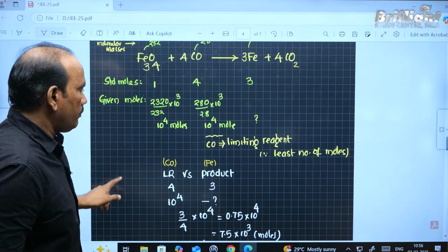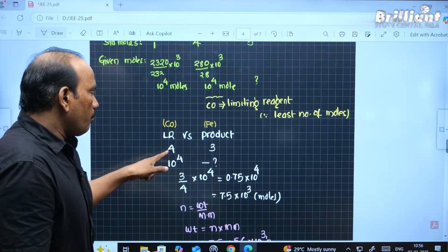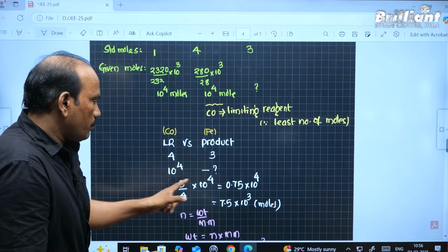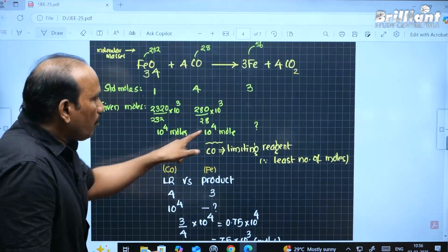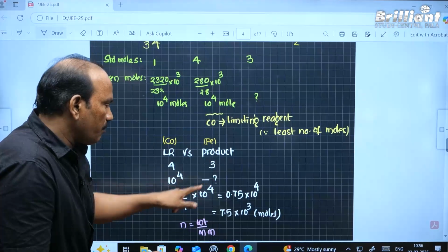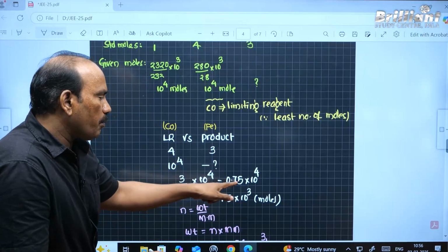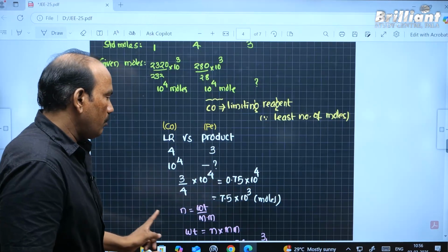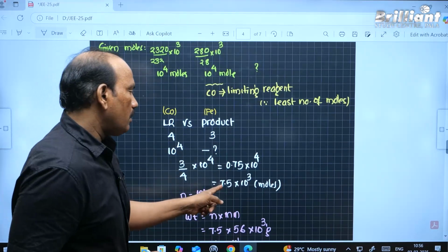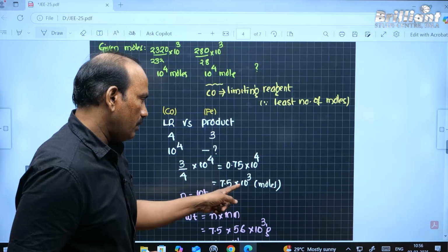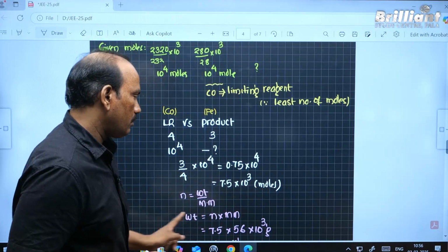Now, 4 moles gives 3 moles. 4 into 10 power 4 moles, how much weight of Fe? That is nothing but 0.75 into 10 power 4, that means 7.5 into 10 power 3 moles.